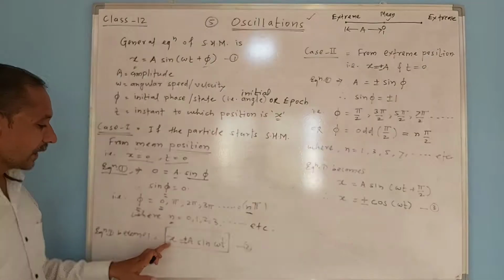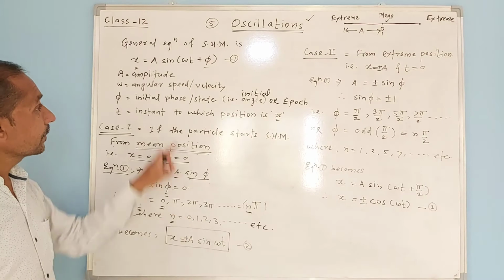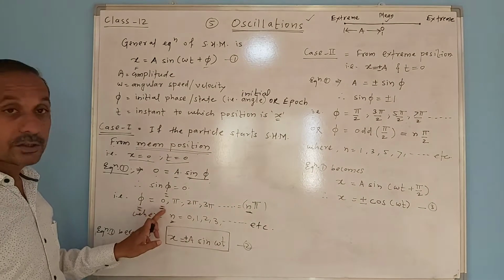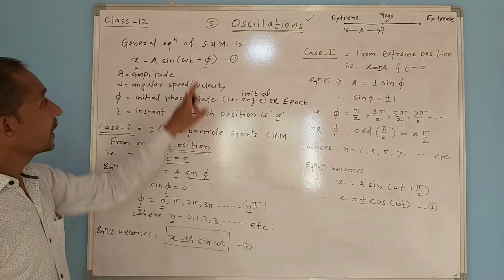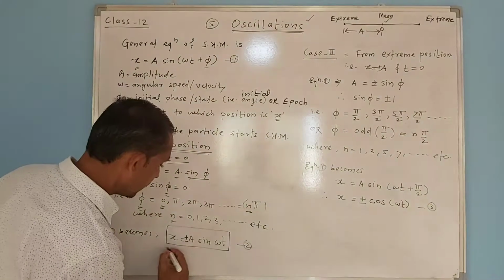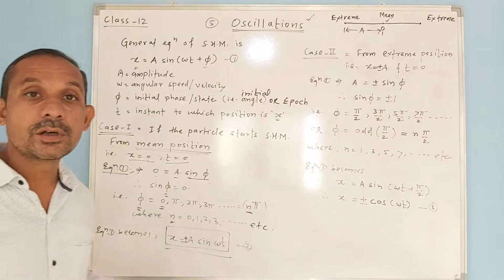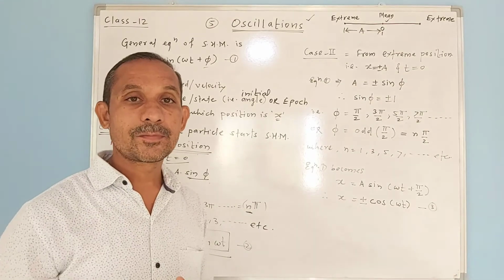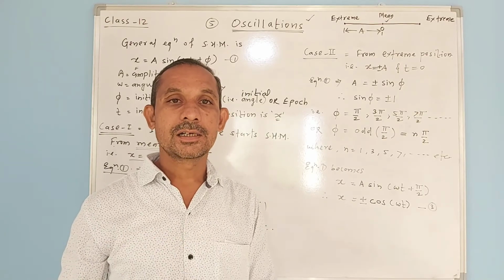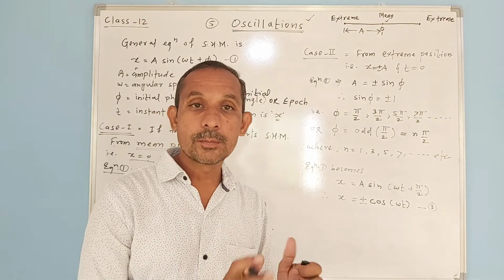So x is plus minus a sine of omega t plus phi, but phi is 0, so sine of omega t. So this is equation 2. This equation number 2 gives the displacement in the simple harmonic motion which starts its motion from the mid position.